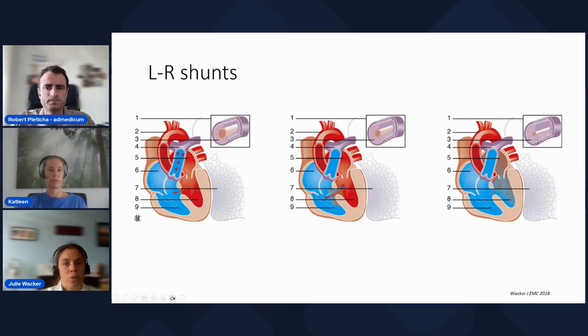And at some point, the resistance increases so much that the shunt can reverse because the resistance in the lungs is exceeding the resistance in the body. That's the end stage of a large left to right shunt that has not been treated before. And this is the Eisenmenger syndrome.